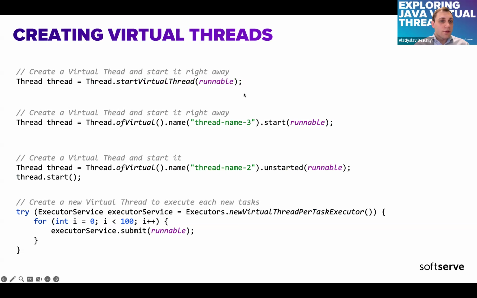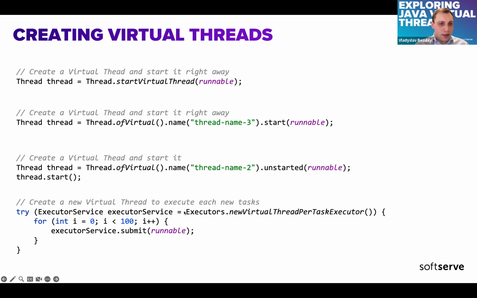So to create a virtual thread, we have another factory method, which is startVirtualThread, and it also accepts a Runnable. We can also assign a name to the virtual thread, because by default it's empty. And here's just another way to do the same.